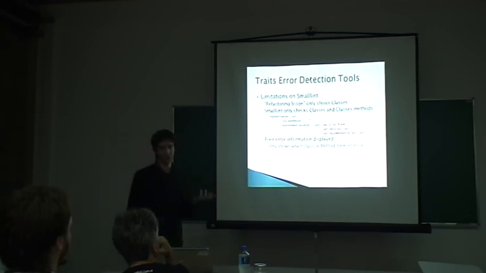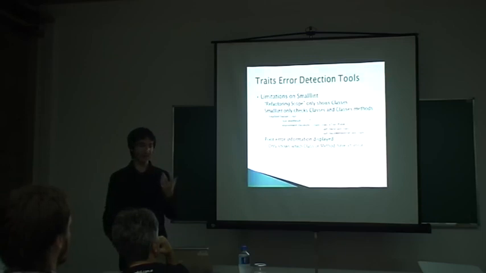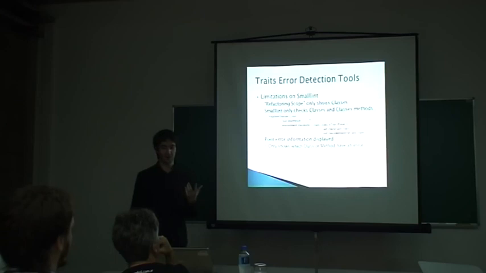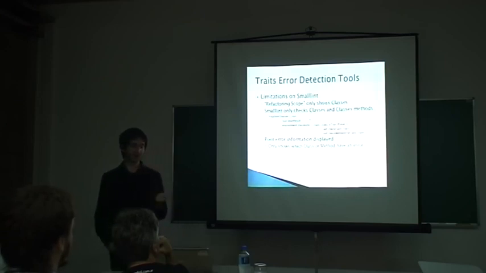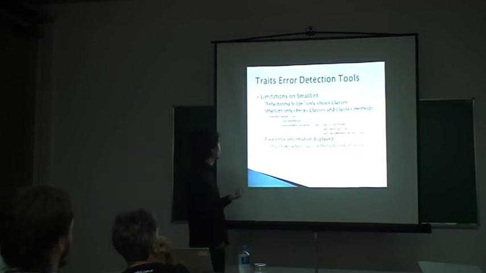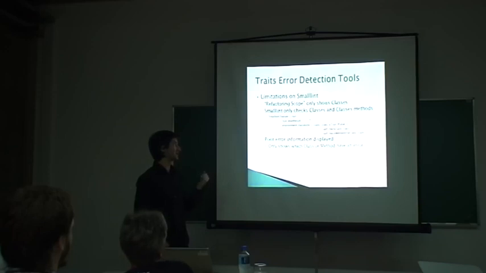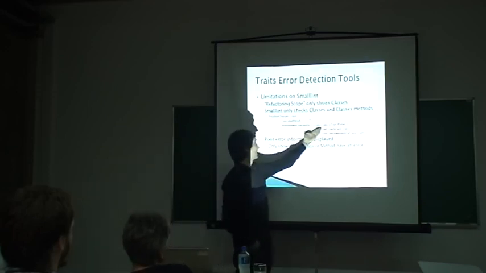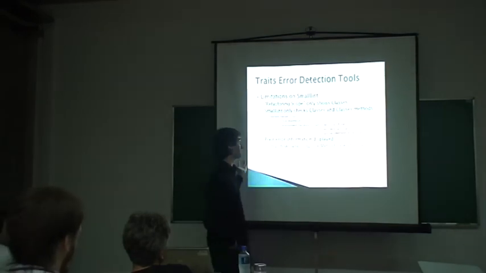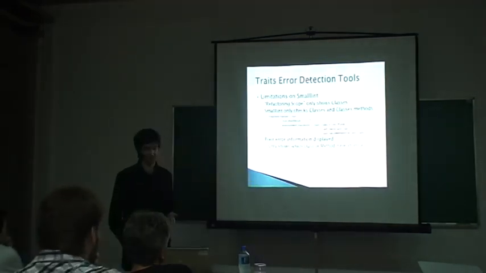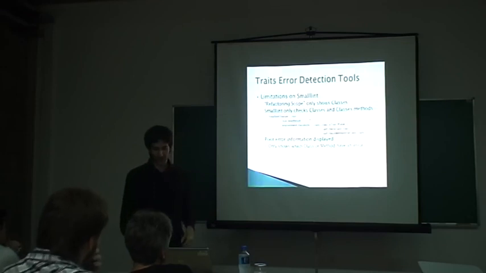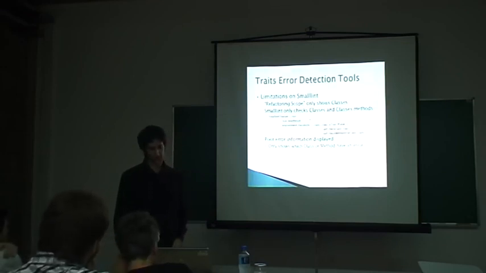Also, the rules of the Smalllint framework only take care of classes and class methods. Here we can see the SmalllintChecker, the class that actually runs the rules on the environment, and we can see that it just bypasses the traits and checks the classes. So we are going to fix that.